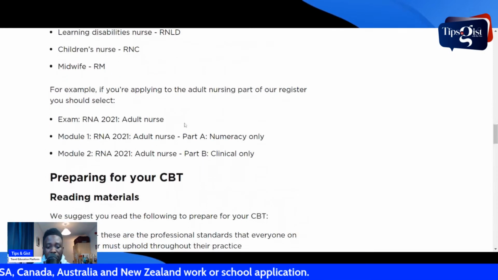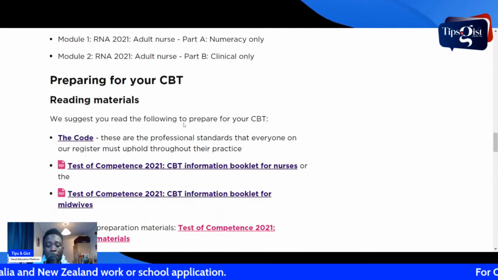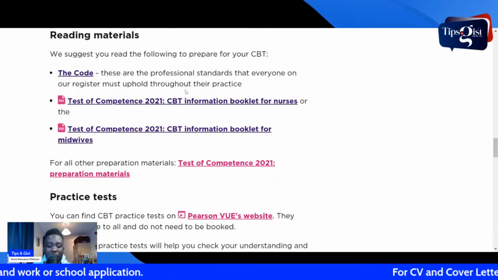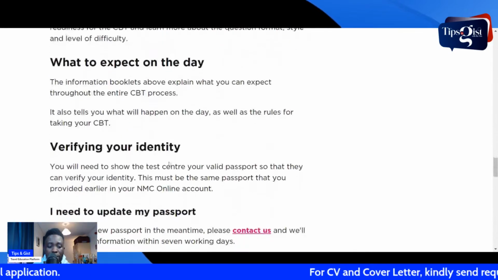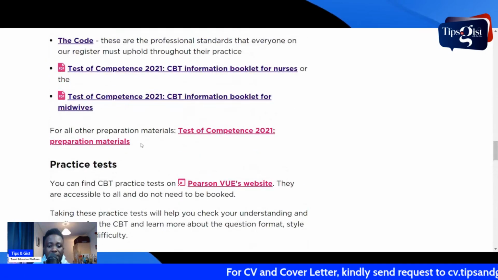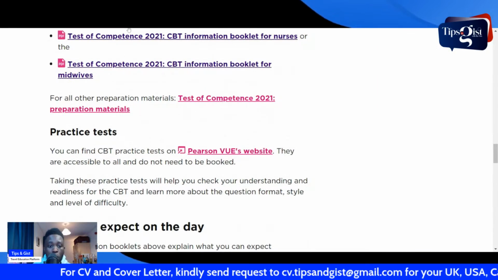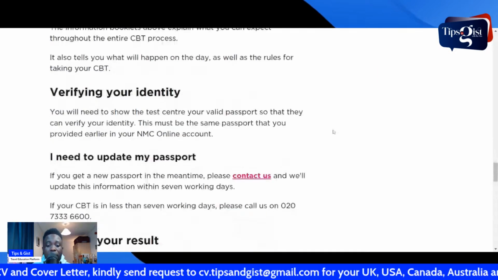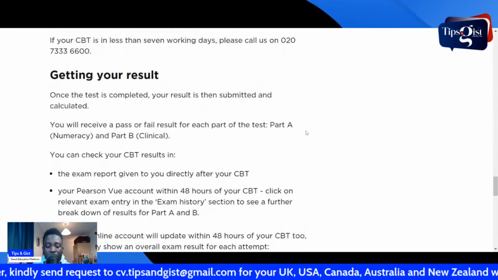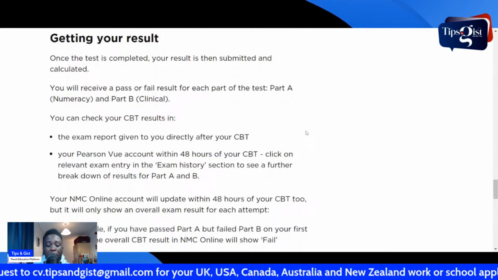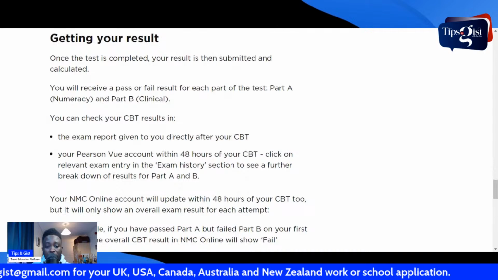Now, if you want materials to study, most of the time they have just the guide. They don't have past questions on the NMC portal. They only have the guide. All right. So if you want the preparation materials, please go on the Pearson VUE website where you can get the preparation materials for free. I have embedded a link. I have the materials on my phone.